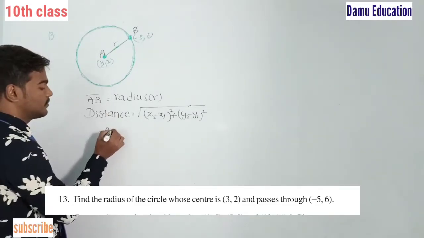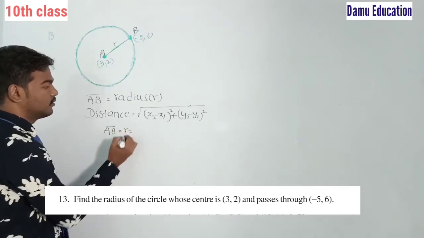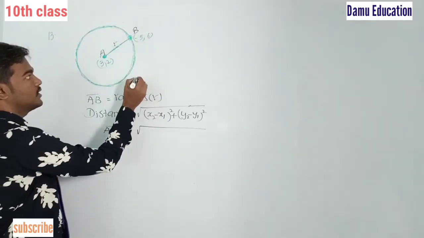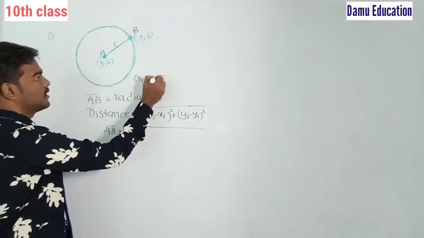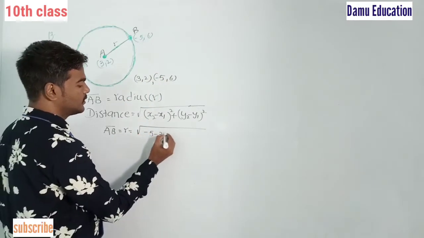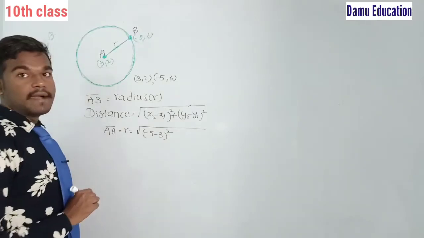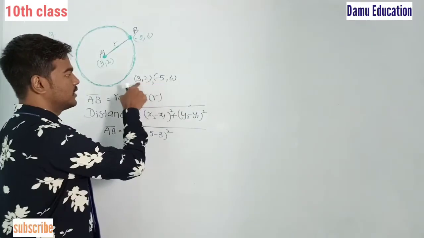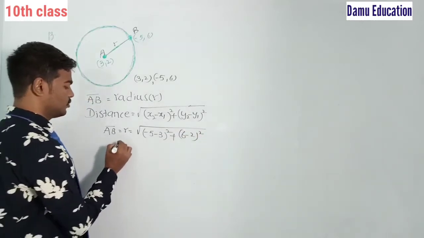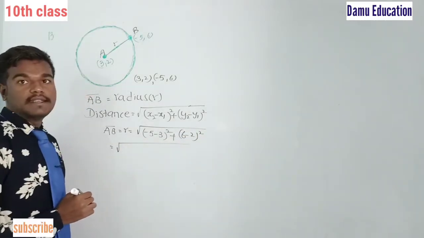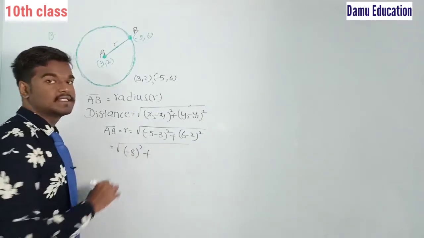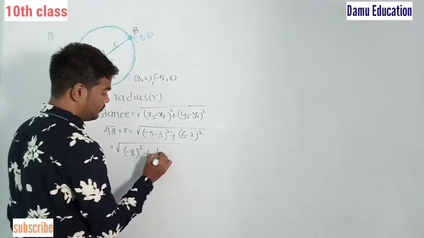So AB, that is small r, is equal to the square root of (-5 minus 3) whole square plus (6 minus 2) whole square. That is the square root of (-8) whole square plus 4 square.